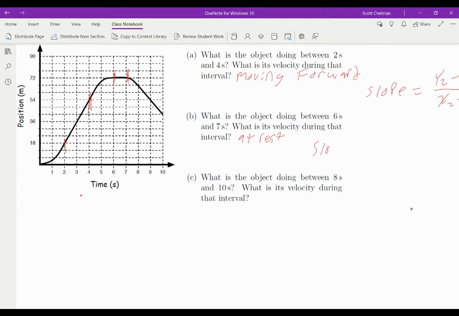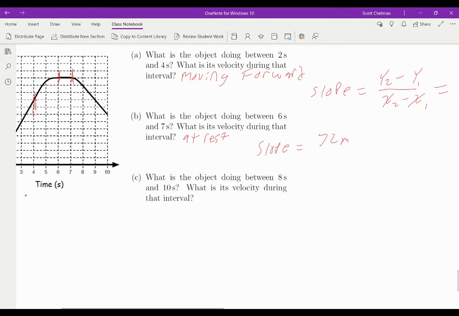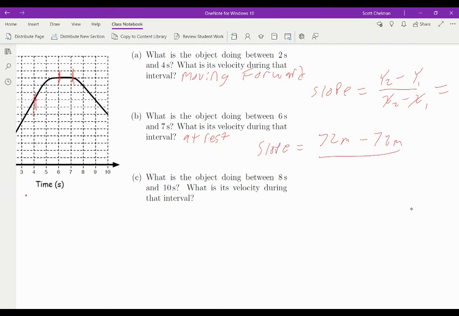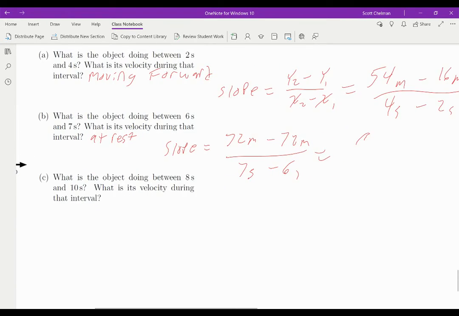The slope is 72 meters minus 72 meters in the second position. All right. And then that's 7 seconds minus 6 seconds. So either way, we're going to get 0 over 1, which is obviously a speed of 0.